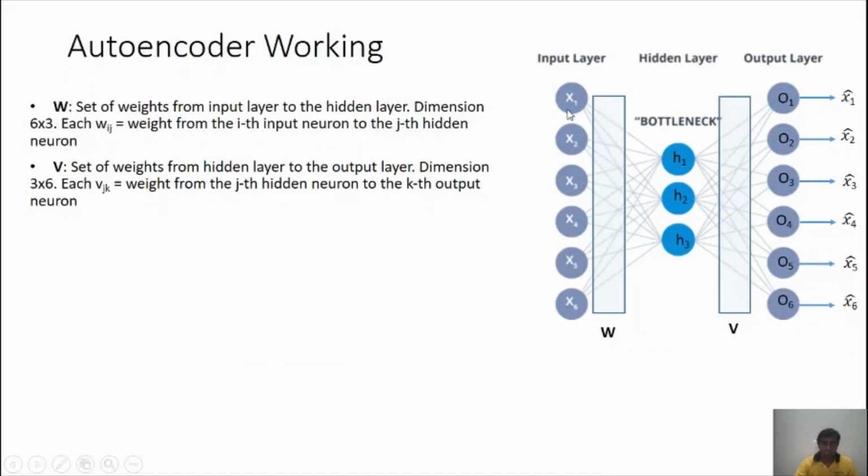The number of neurons in the output layer is exactly the same as the number of neurons in the input layer, and the output of each output neuron is the reconstructed input. That is why it is represented as x1 cap, which is the reconstruction of x1. Similarly, x2 cap is the reconstruction of x2, and so on till x6 cap being the reconstructed version of x6.